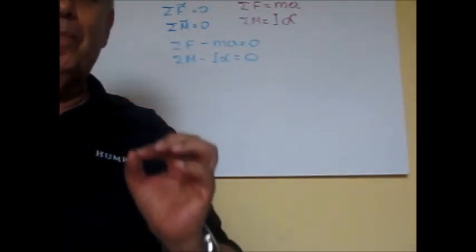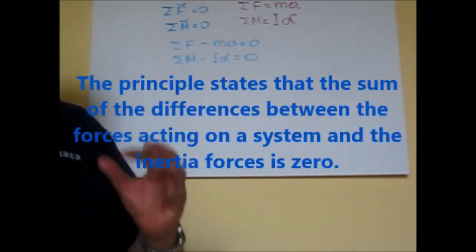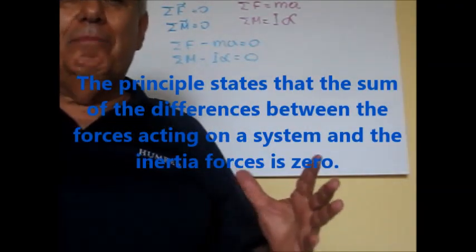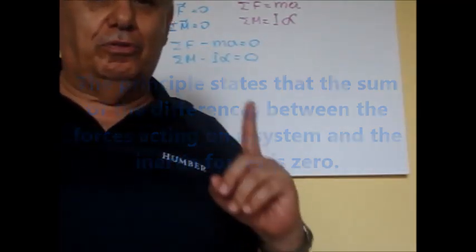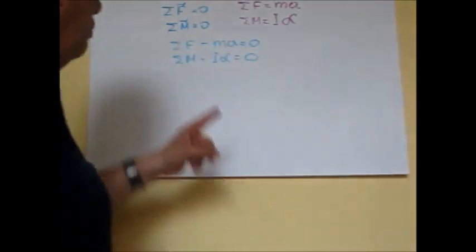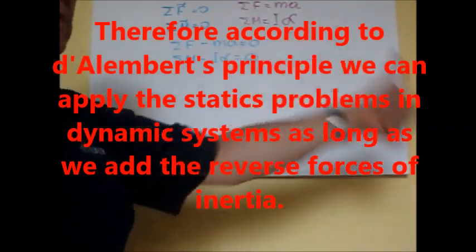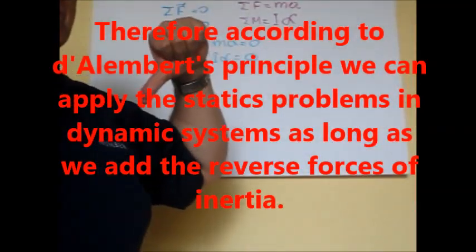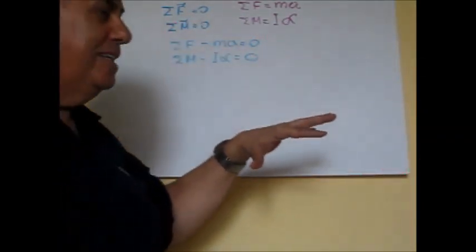If you have a problem of dynamics, guys, you treat it like a problem of statics, but on top of all the forces that you have in the system, you have to add this force, which is called inertial force, with the sign minus. Once again, you have a system of forces.